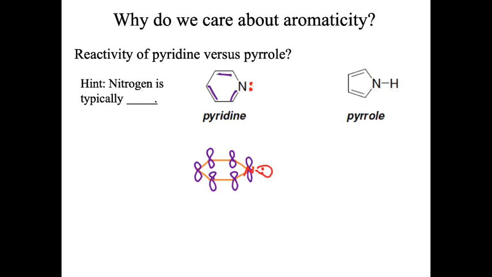If we move over to the other nitrogen, we got the suggestion that that one was what? More basic. And you said it's more basic because? It's sp3. That's not what you said, but let's go with that. We're looking at sp3 versus sp2.